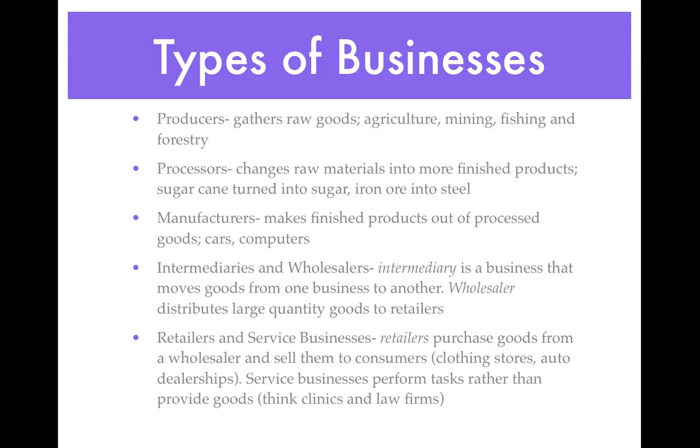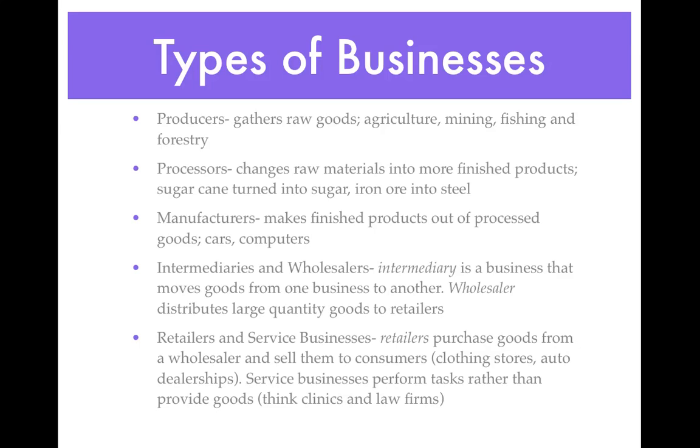So then you have the processors who change these raw materials into more finished products. So for example, producers will gather the sugar cane, the processors will turn that sugar cane into sugar. Or the miners will produce the iron ore, they'll go out and mine for the iron ore, the processors will then turn that into steel.